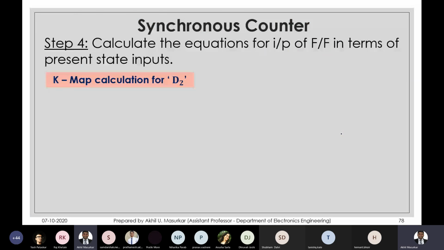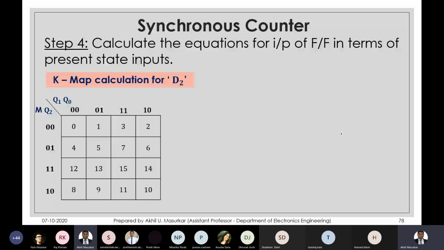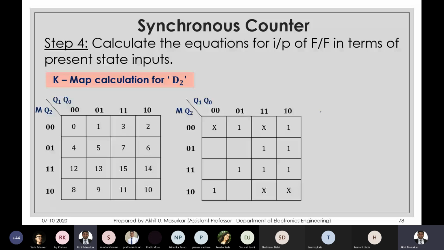Okay, so that is the K map of D2. Like I said, in place of 0, 3, 10 and 11, we will have don't cares, and in other places you will have to see what is M, Q2, Q1, Q0.